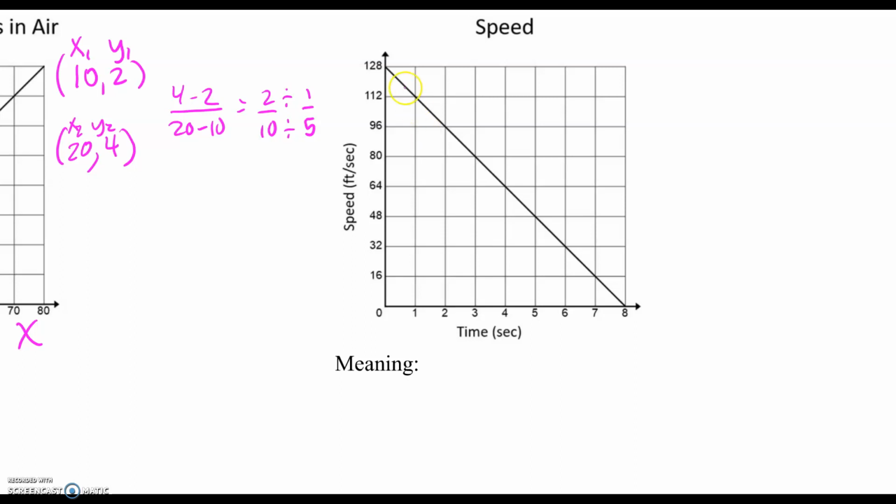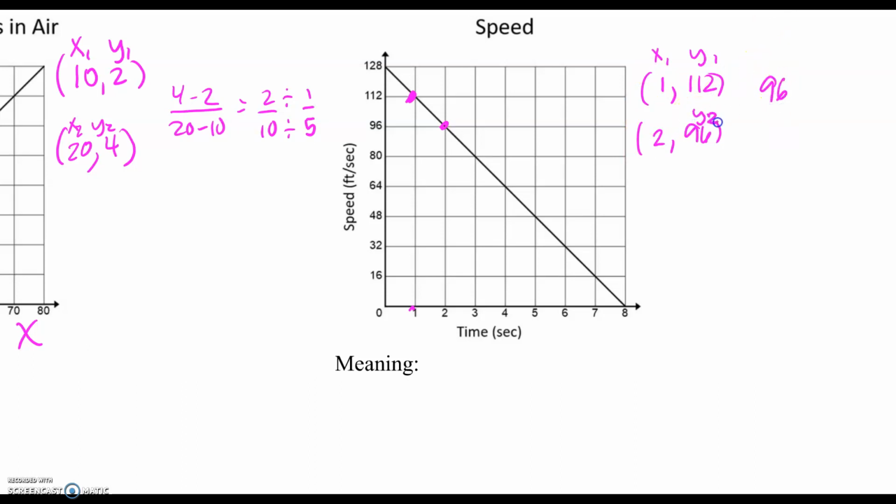So we're going to do the same thing. But I noticed that this one has a negative slope. I can pick any ordered pairs. I'm going to pick this one and this one. And so the x value there is 1, 112. x1, y1. And then the next one is 2, 96. It's 96, right?